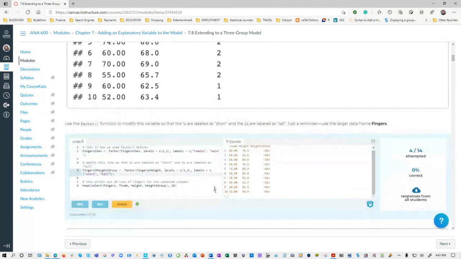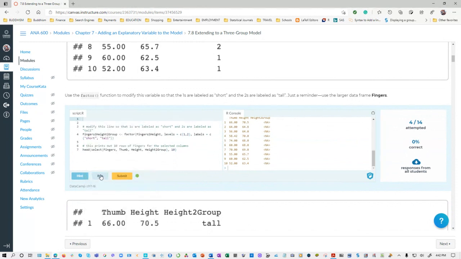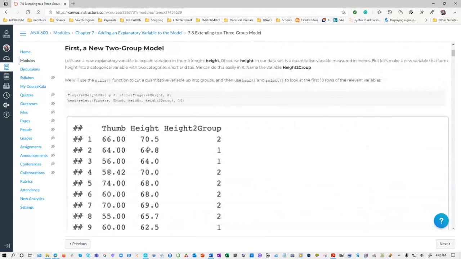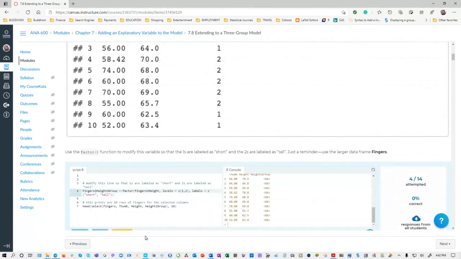Let me see: height two groups equals factor, fingers, height two groups, labels 1 and 2, labeled short and tall.